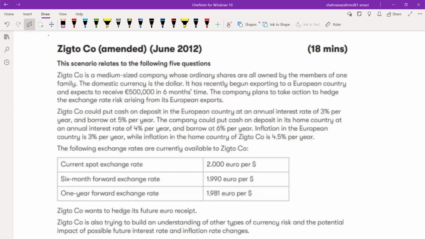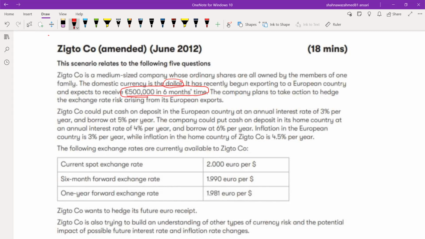Zicto is a medium-sized company whose ordinary shares are all owned by the members of one family. The domestic currency is dollar. It has recently begun exporting to a European country and expects to receive 500,000 euro in 6 months' time. The company plans to take action to hedge the exchange rate risk arising from its European exports.